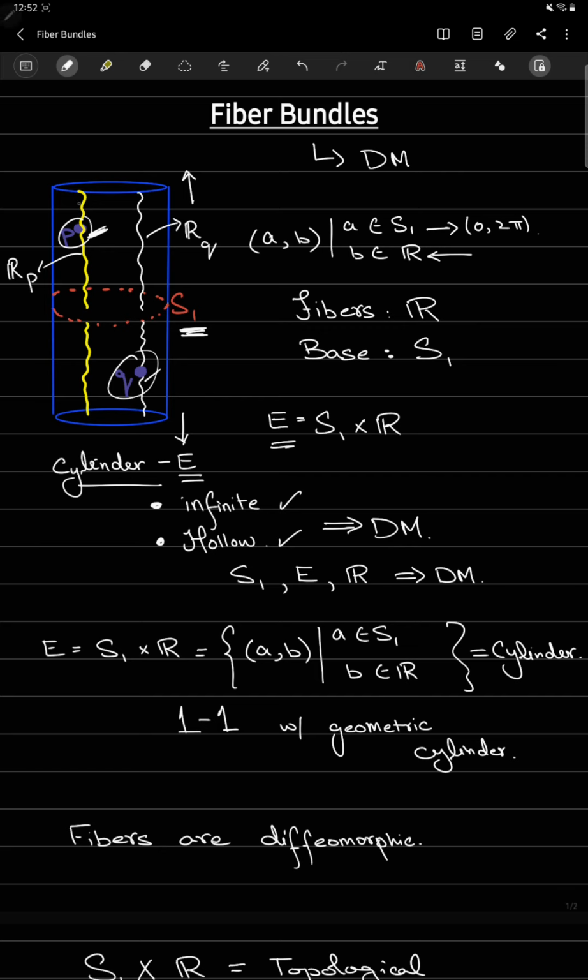So if I have this point P over here, I can assign it to this base space if I go down, right? For a cylinder, it is pretty straightforward to visualize. You have this point P, you can join it to the base of the cylinder. Likewise for point Q, you'll go up and you will join it to the base of the cylinder.